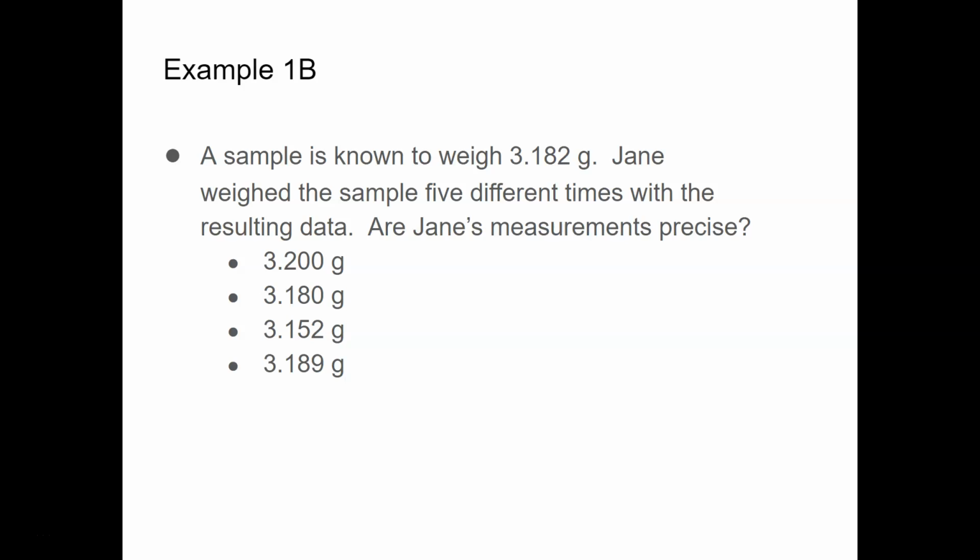So we've got to look at Jane's highest and lowest measurement. The highest is 3.200 and the lowest is 3.152, I'm sorry, 152. And we see a difference of 0.048. That's a pretty big difference. That's a pretty large difference in terms of the fact that you're measuring to the nearest 1,000th.